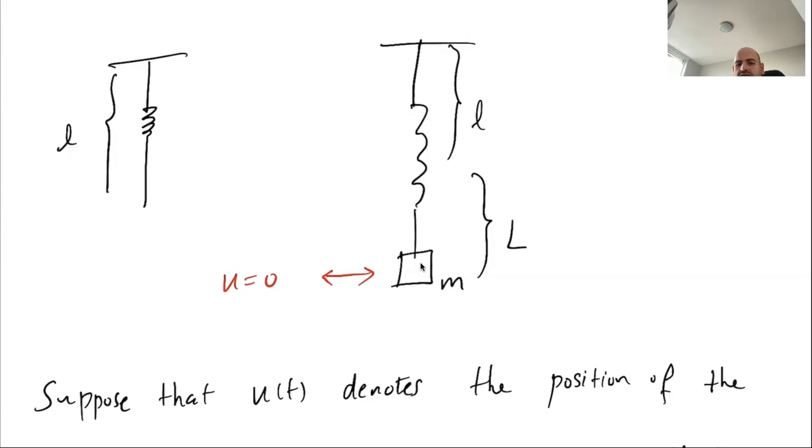And then once you apply some external force, or extend this spring further, you will have some vibration, and this position of the mass changes with time. We want to find the ODE related to this oscillation, and then find u of t, the position of mass at time t.